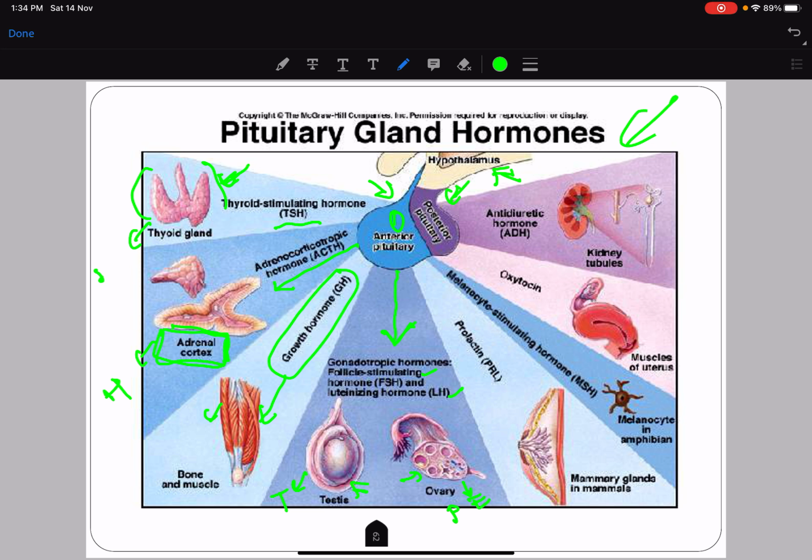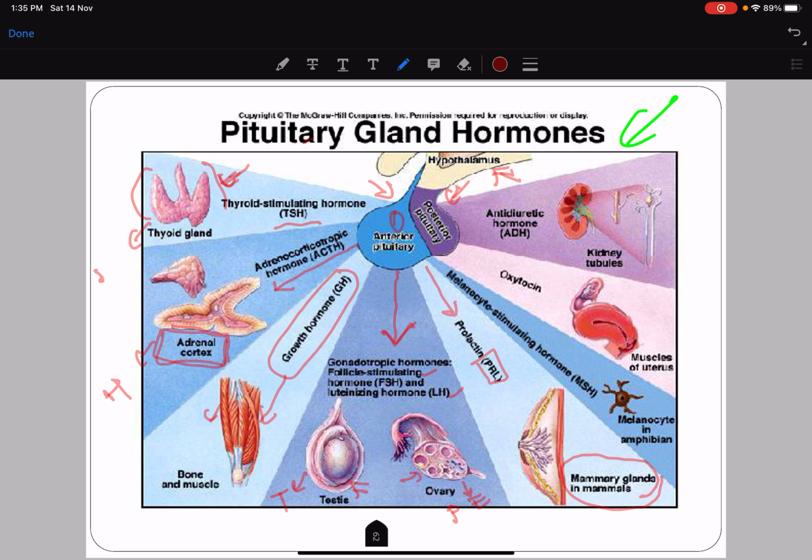The anterior pituitary also releases PRL, prolactin. The anterior pituitary secretes prolactin, and it will cause the mammary glands to produce milk.